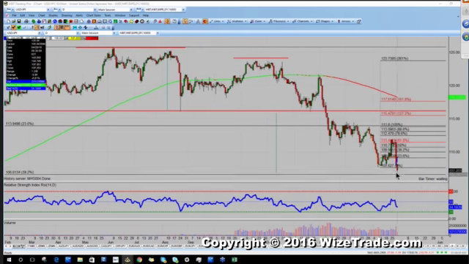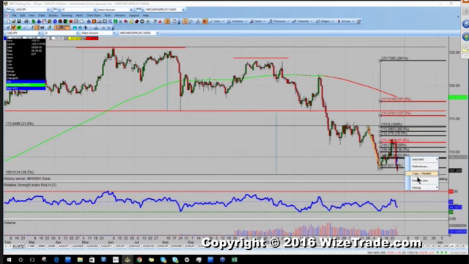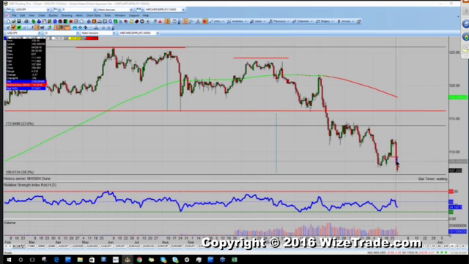I don't know. I'm not trading the yen. I'm just telling you right now, I'm not trading the yen. After what happened this week, I was unsure about it last week, and this week I'm even more unsure about what I'm going to do with the yen. So if you guys are out there trading the yen, God bless you, and good luck.